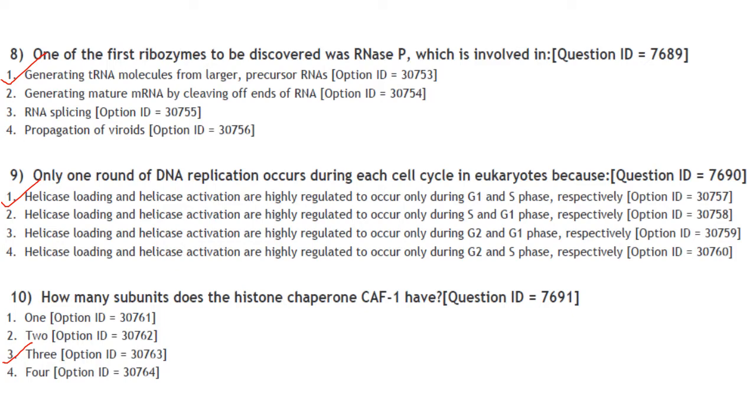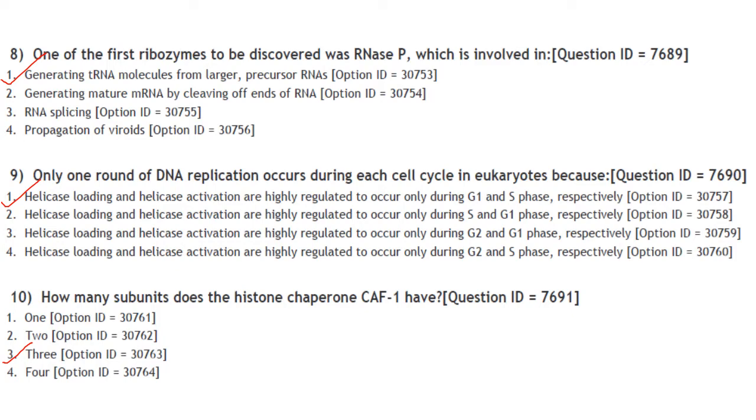That is called loading of helicase and helicase activation. So only one round of DNA replication occurs during each cell cycle because helicase loading and activation occur only in the G1 and S phase respectively, since it is at the S phase only that DNA replication occurs. So answer is option 1.